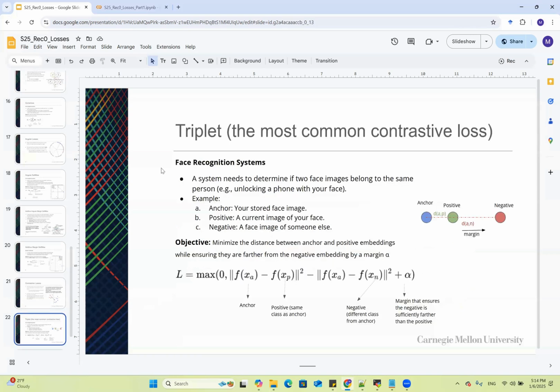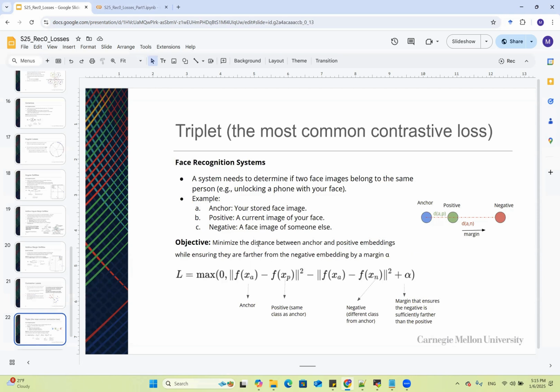An example is triplet loss, which is the most common contrastive loss. A use case is a face recognition system to determine if two faces belong to the same person. For example, the anchor is the stored image, the positive is a current image of your face, and the negative is a face image of someone else.